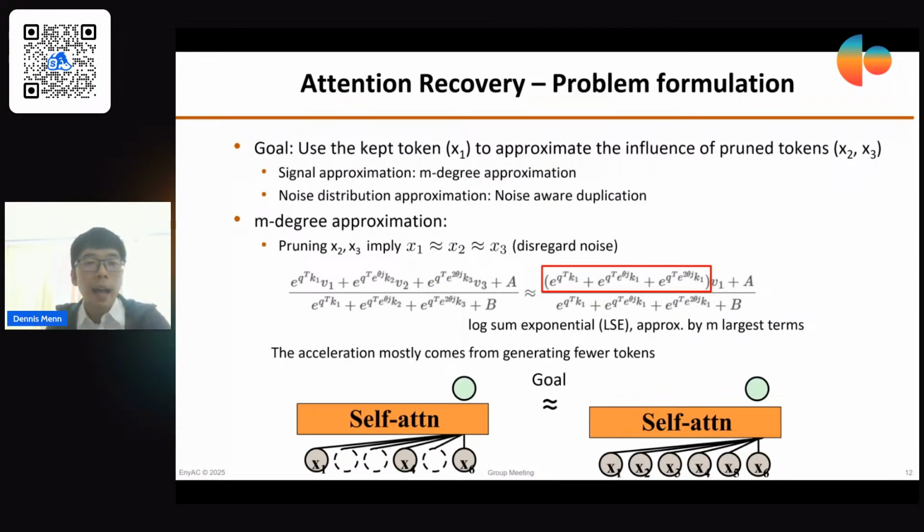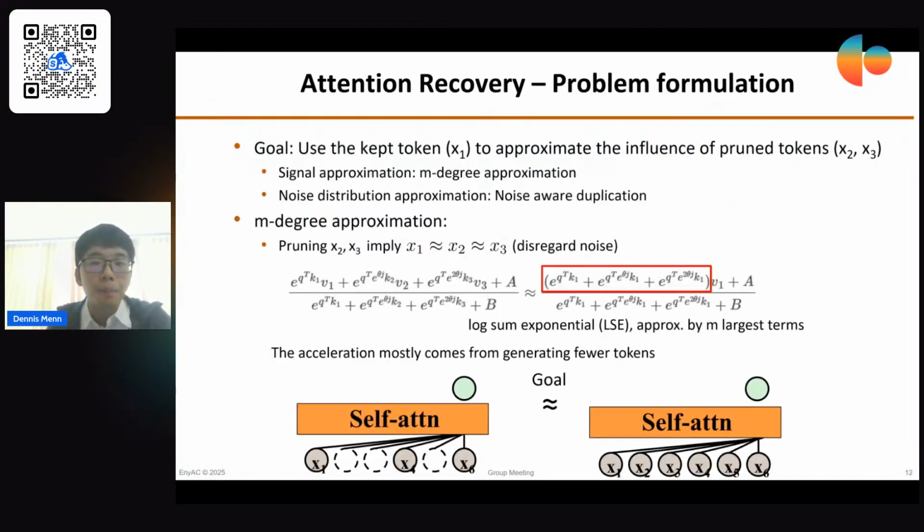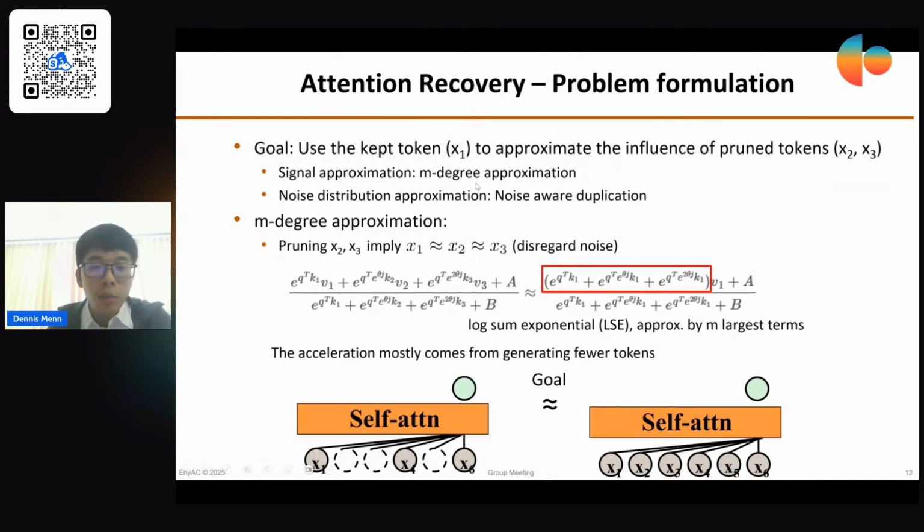Okay, so after explaining the m-degree approximation, let's explain how we can approximate the noise distribution. With directly copying tokens, we assume x1 is roughly equal to x2 and roughly equal to x3.